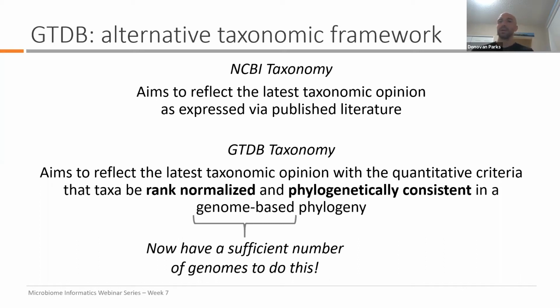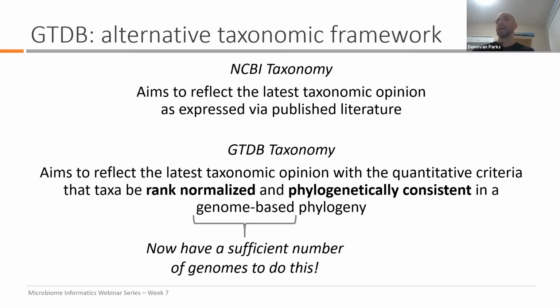Now, the GTDB also differs from NCBI in that it's strictly genome-based, the rationale here being that we now have a sufficient number of genomes, and that genomes are the best genetic description we're ever going to get of a strain, so we should embrace that and start building our taxonomy off of that information.